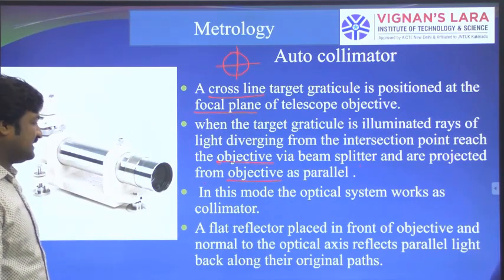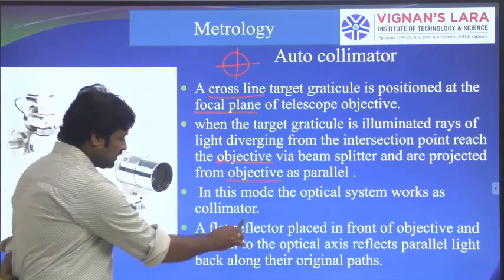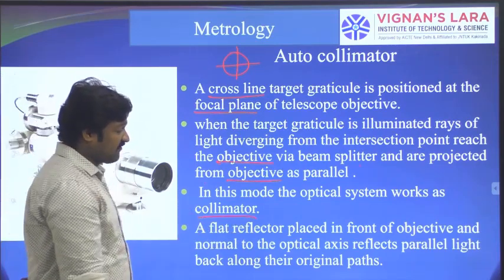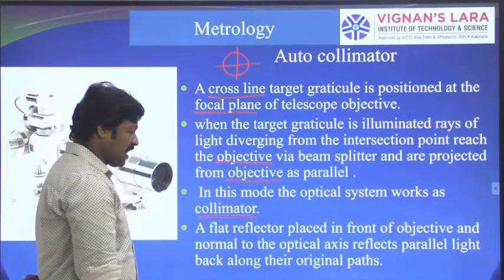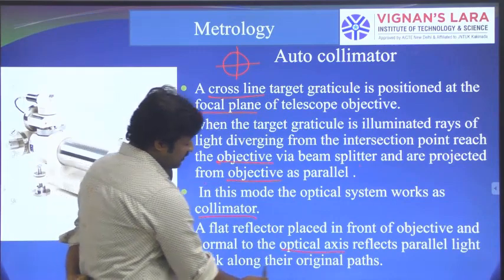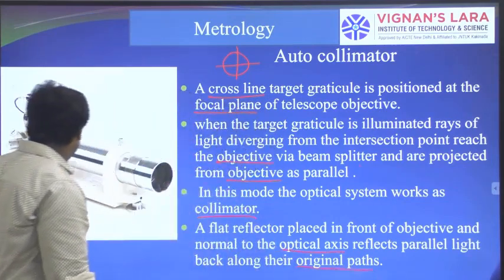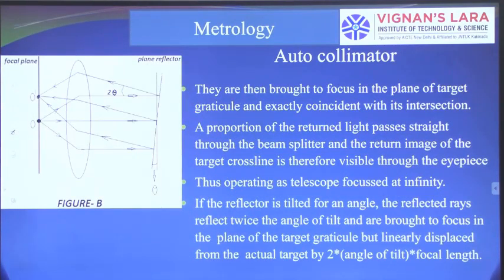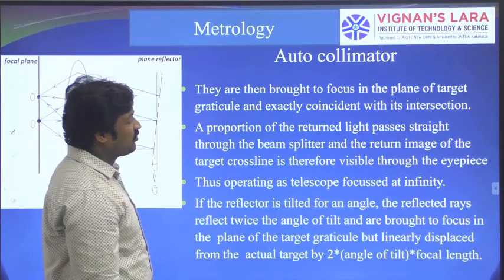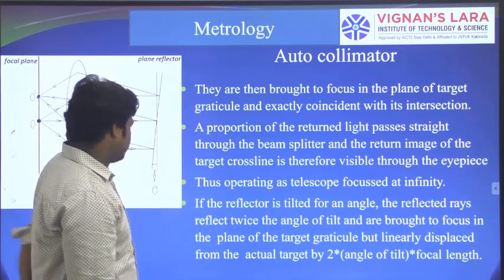In this mode, the optical system works as a collimator. Next, a flat reflector placed in front of the objective and normal to the optical axis reflects the parallel light back along its original path. The rays are then brought to focus in the plane of the target graticule and exactly coincide with the intersection.